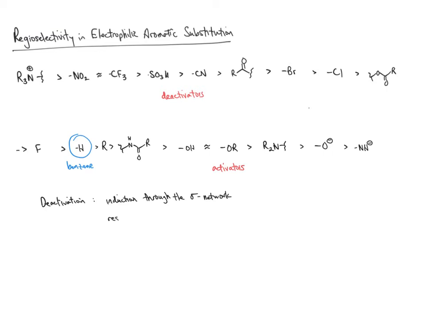Resonance delocalization is also responsible for deactivation, because it pulls electron density out of that pi system, right, out of the aromatic ring. And so these are things like the nitro group, the carbonyl, and the cyanide.